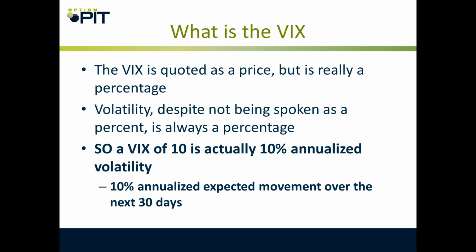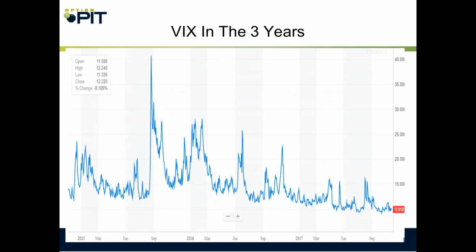So, here's what the VIX has done over the last 3 years, and this is a weekly chart, so these are weekly points. And what I want to point out is that in the last 3 years, the weekly average has been over 40.